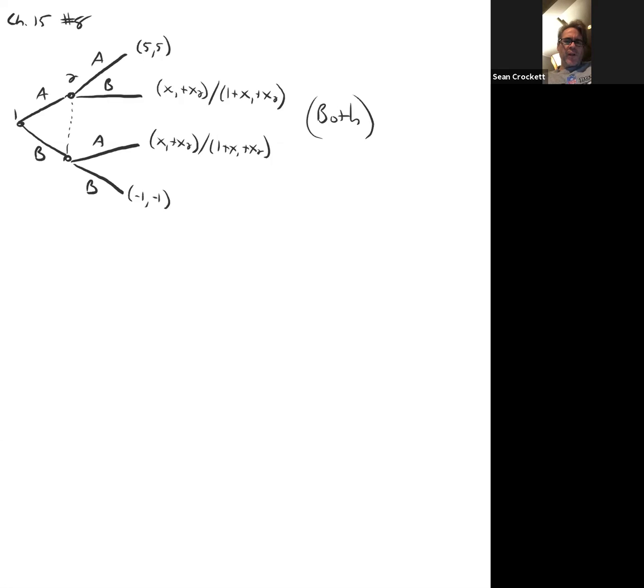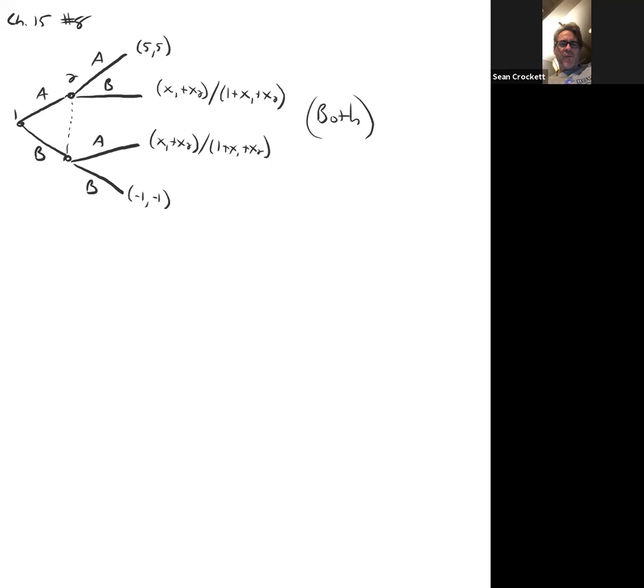What is the best response to a given choice for a given player? I'm trying to reason my way through this question to see if I can do it without calculus, because if I use calculus, I'm going to have to use the quotient or the chain rule, and I definitely don't want to require that of the class. So I'm trying to think if there's a way to reason.